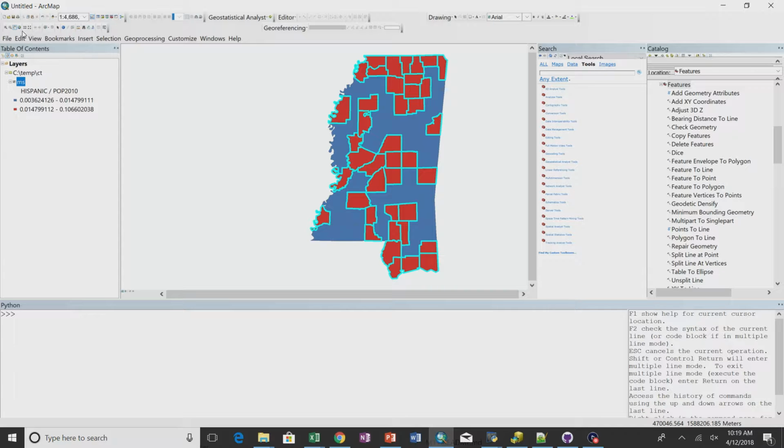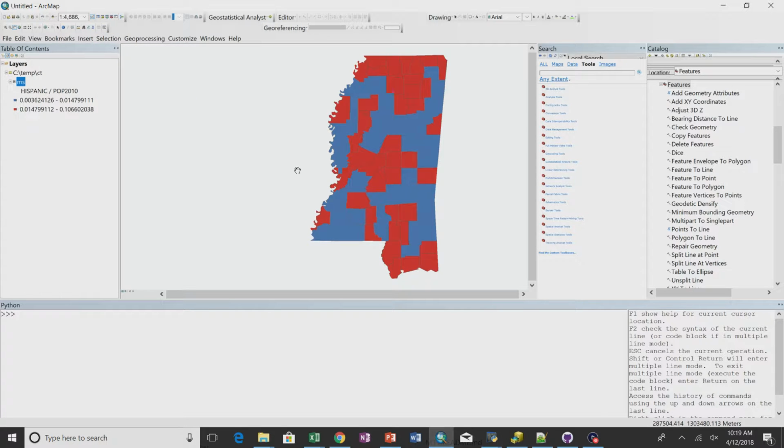All right. So now that I have that, I'm going to remove the selection. Now I can go ahead and prepare my join count analysis. The first thing I have to do is turn those polygons into lines. It's going to create a ring for every county.